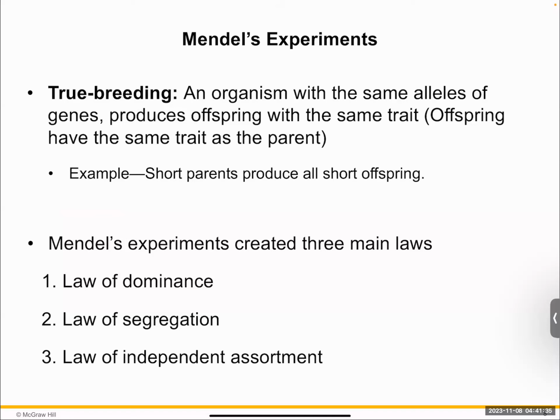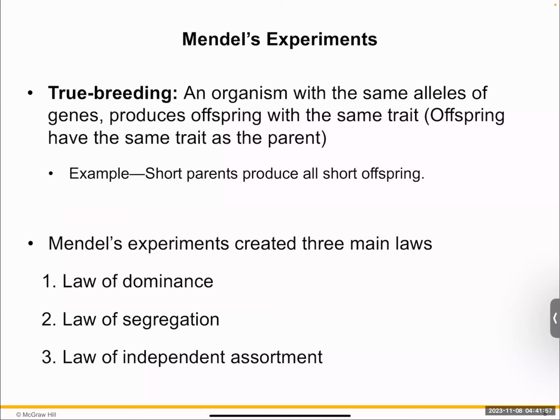Now, for us to understand Mendel's experiments a little better, I'm going to introduce a concept called true breeding. True breeding is when organisms with the same alleles produce offspring that have the same trait. Simply put, the offspring has the same characteristic as the parent.